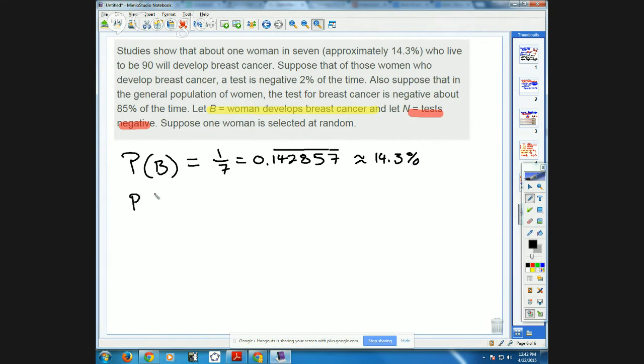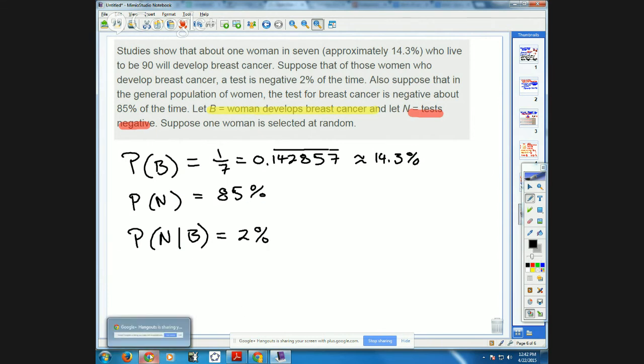The probability that a woman in general has a negative test is 85%. The 2% is the probability of having a negative test knowing that they're a woman who will develop breast cancer or has breast cancer, and that is the 2%. So that's my read. So let's check with what the authors of our book believe about this situation.